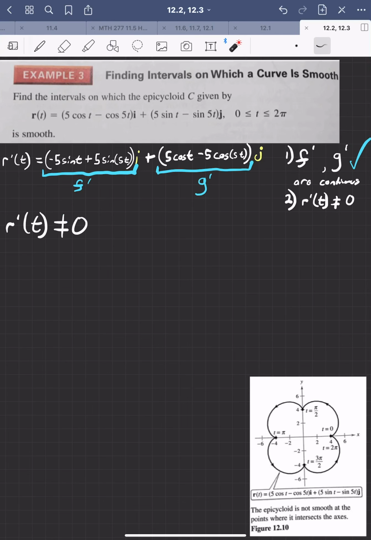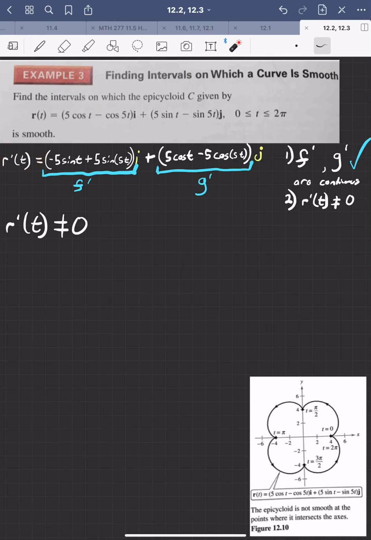Interesting. How do we tackle that? Because I have r prime of t, and basically it can't equal 0. So we're simply going to set r prime equal to 0.